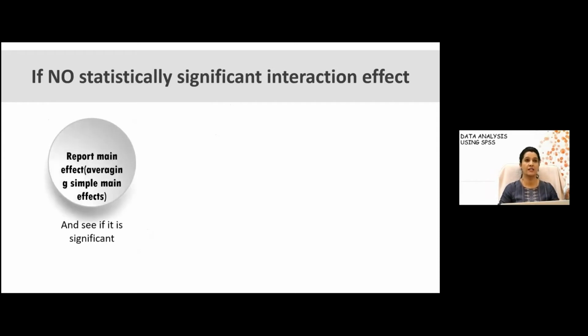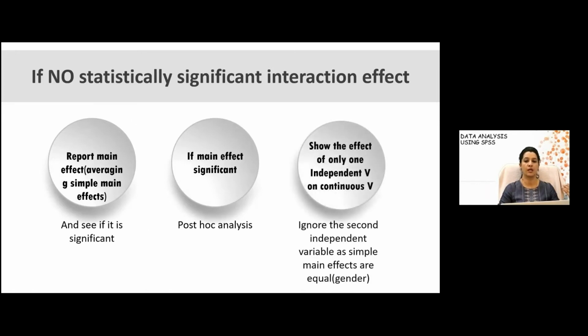In that case, report the main effect. The main effect is basically averaging the simple main effect. If the main effect is significant, then we do the post hoc analysis.